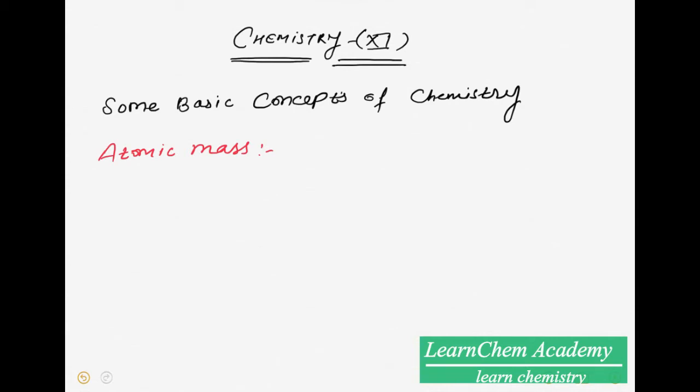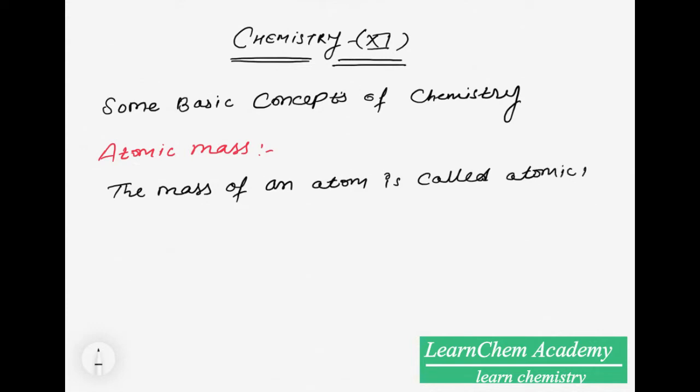So we can write: the mass of an atom is called atomic mass, and atomic mass is the sum of their constituent particles.